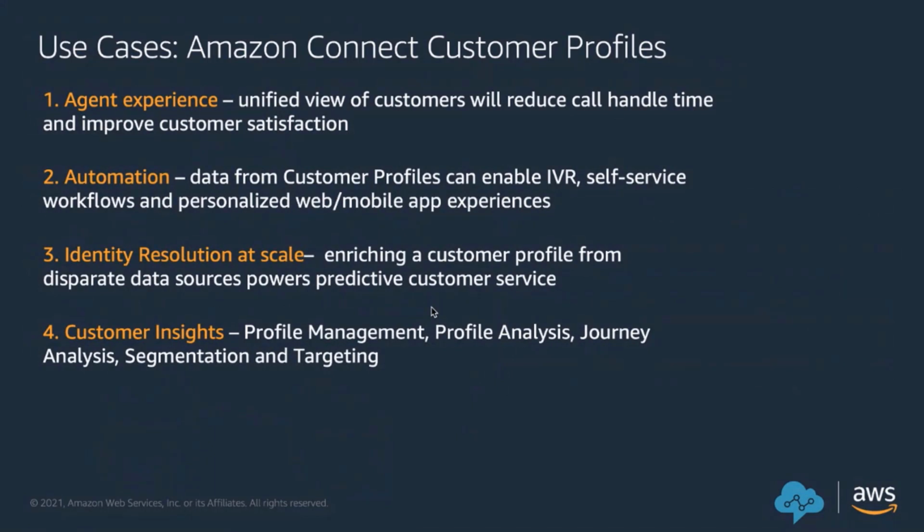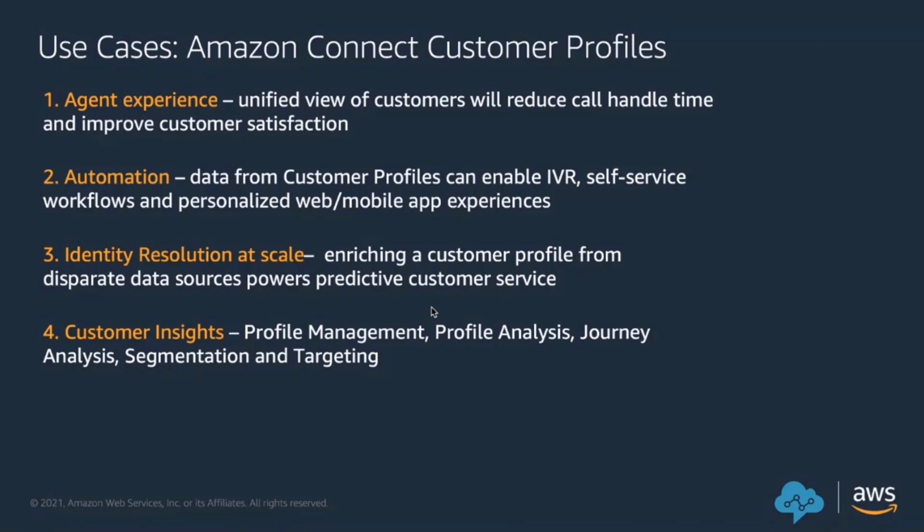All right, now let me summarize what I have discussed with Amazon Connect customer profiles. There are 4 clear use cases which our customers today use us for. Number 1, agent experience. Our customers use our agent application widget to unify all of their customer data and to reduce longer than average call handle times, as you will see in the example of any company in the builder session.